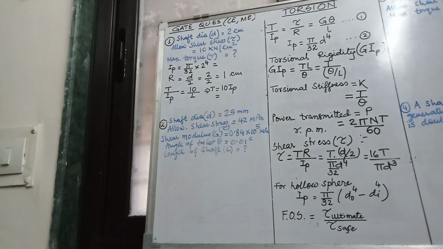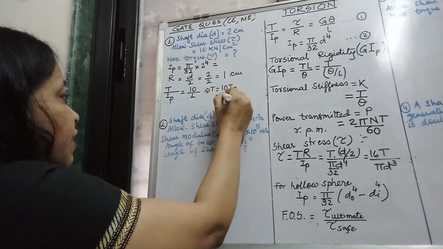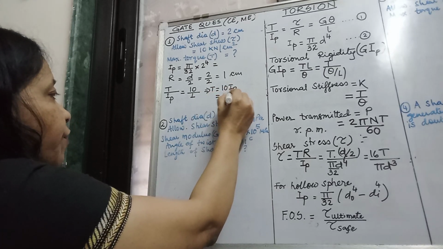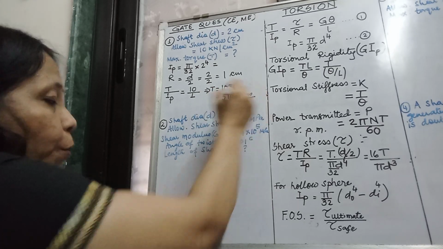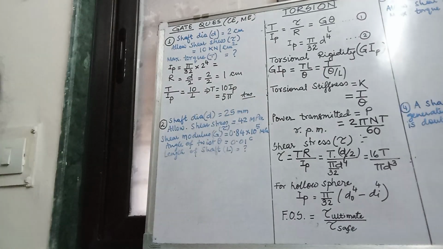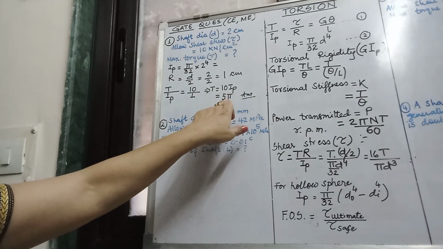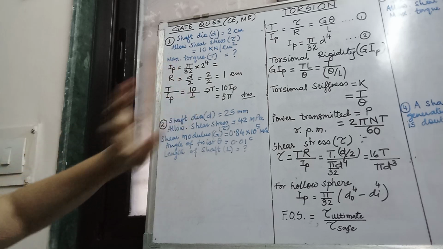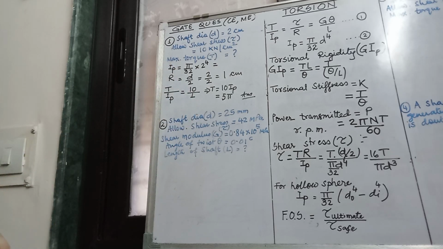Please see whether you have understood it. So the answer is given as 5 pi. The options were given as 2 pi, 3 pi, 4 pi and 5 pi. So the answer will be 5 pi. It is as simple as that.